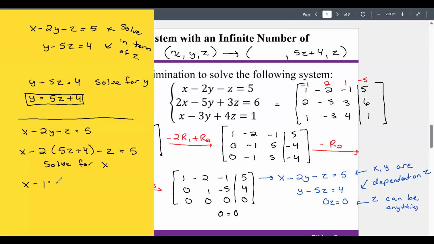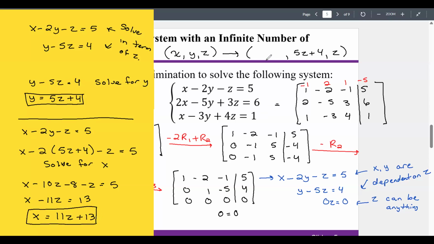So x minus 10z minus 8 minus z equals 5. So this is going to be x minus 11z, and if we add this 8 over here, this equals 13. So x is equal to 11z plus 13.